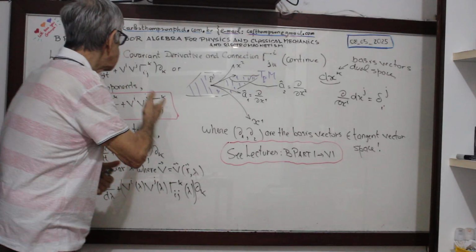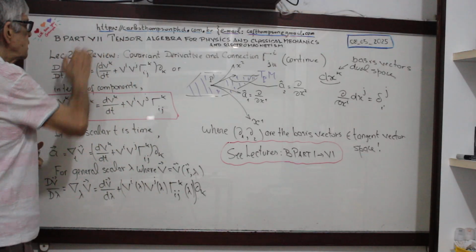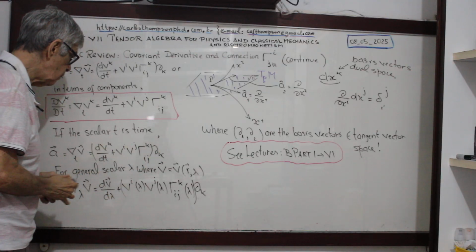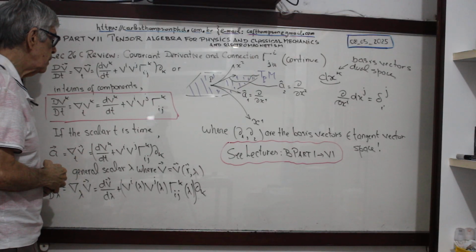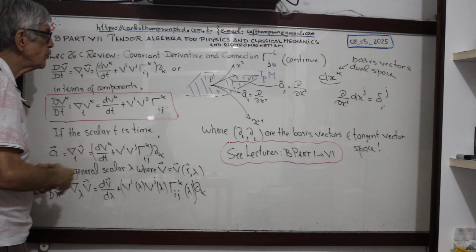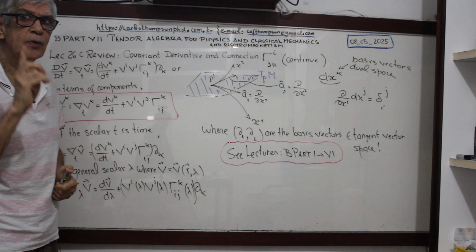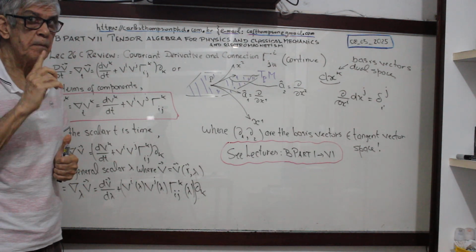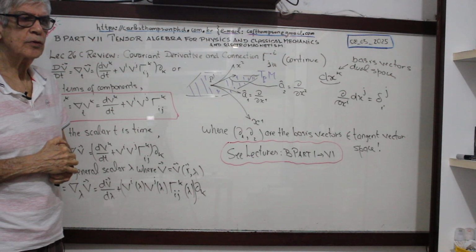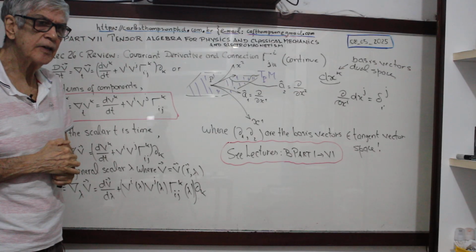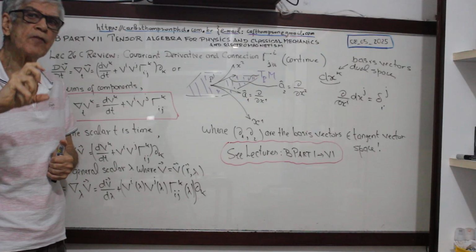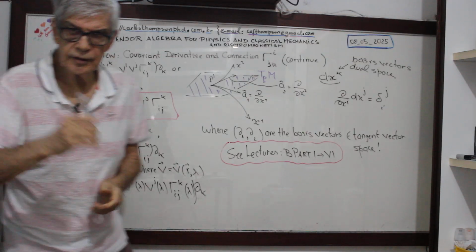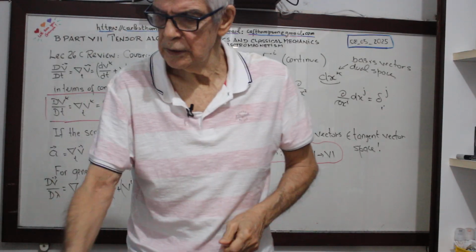This is part 7 over here. That's just the final comments, final conclusions about the derivative with respect to a scalar. But next, we will derive the covariant derivative of a vector with respect to another vector. I will show you that in detail.